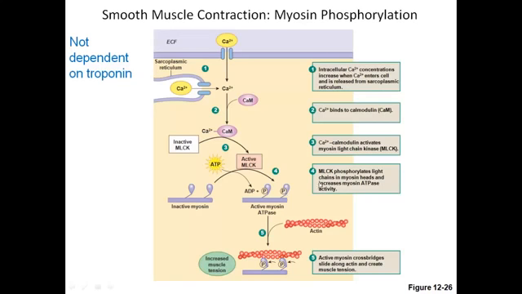So now we get the myosin light chain heads phosphorylated, and that gives increased myosin ATPase activity. Okay, so we've activated the light chain kinase, we've phosphorylated the heads, and now we've got active myosin ATPase activity, and that'll help us with our power stroke.